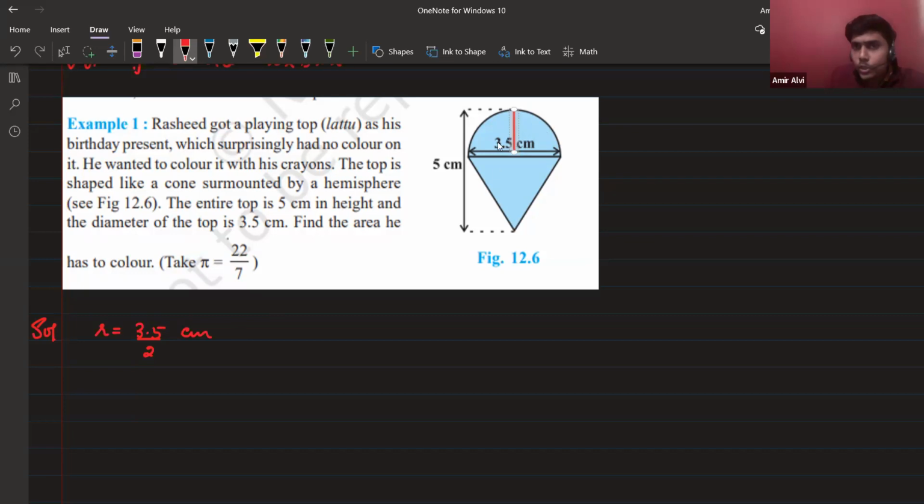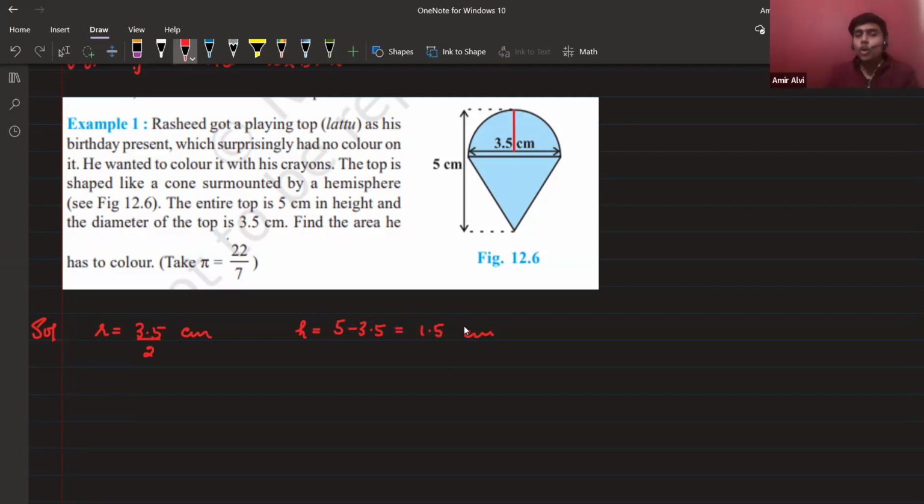If you need to get the height of the cone, what do you need to do? You need to subtract the radius 3.5 by 2 from the total height 5. That's how you will get the height of the cone. Is everybody getting my point? So the height h will be 5 minus 3.5 by 2, which is 1.5 centimeter.